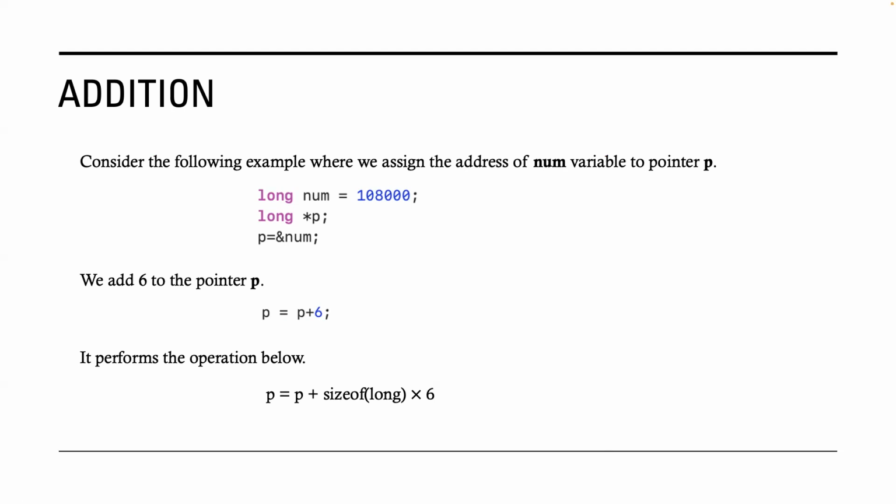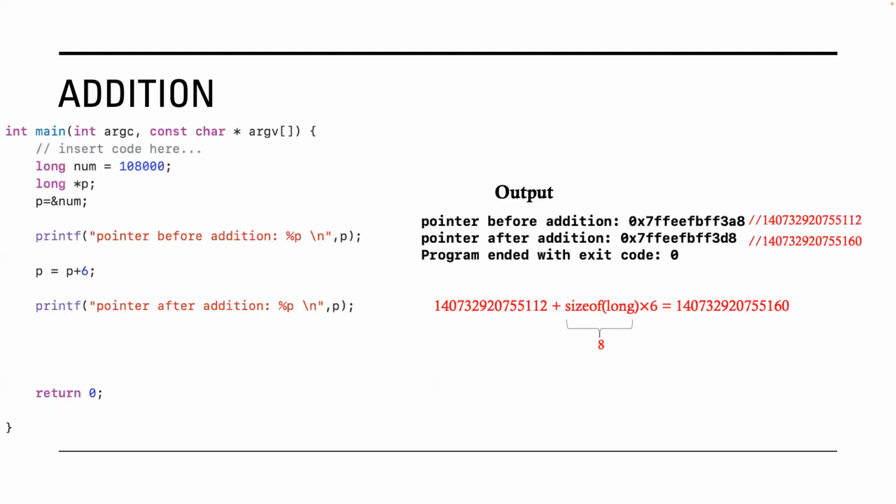So if I run this code, it will print the value of the pointer before we add 6 to the pointer, and also it will print the value of the pointer after adding 6.